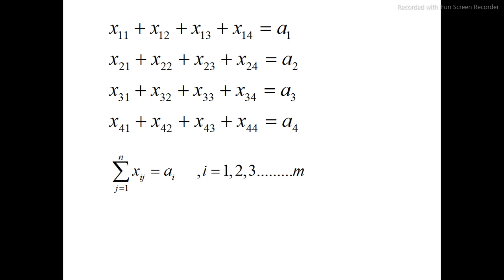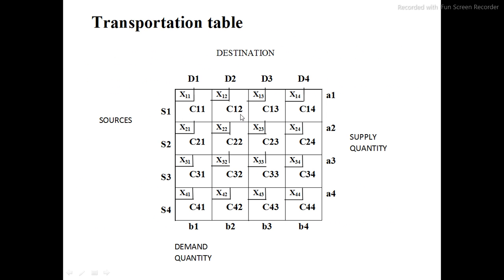I will show you in the matrix. Now, A1 is the supply quantity that a source has, that is, this godown or warehouse has A1 quantities which it can supply to different destinations. This is the overall stock at godown S1.